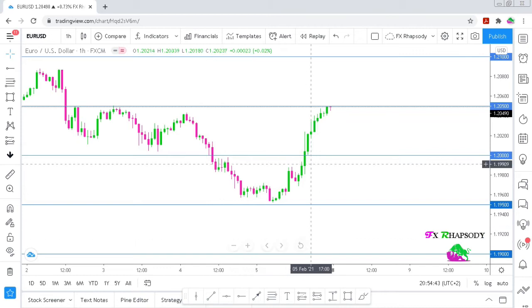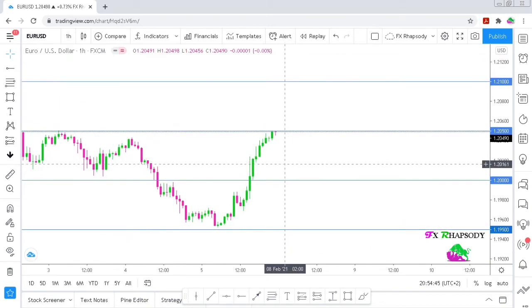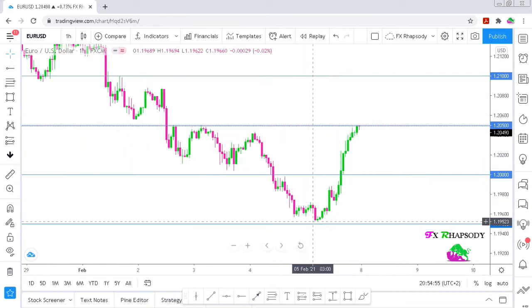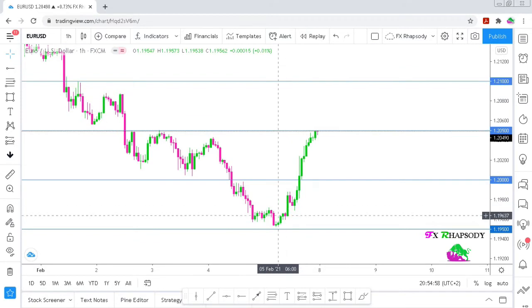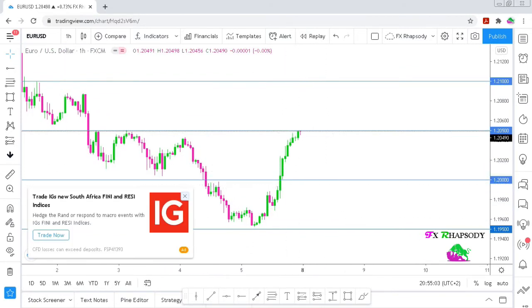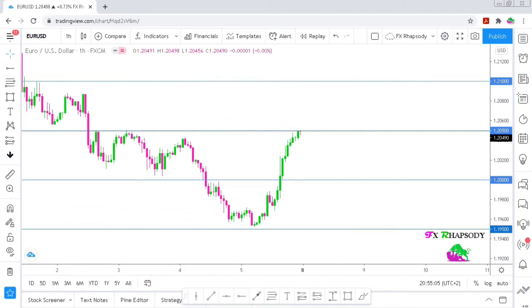So currently we're sitting Sunday night where I am. We are waiting for markets to open, and currently it looks like price has turned a little bit. Price is starting to head back towards the upside. What I'm expecting to happen is the following. We can see price moved very high up, so it broke that resistance, the 1.2 thousand line, and it's at one of our psychological lines.